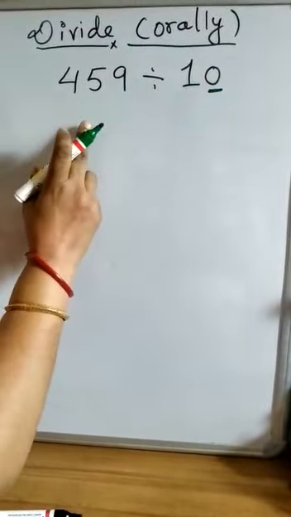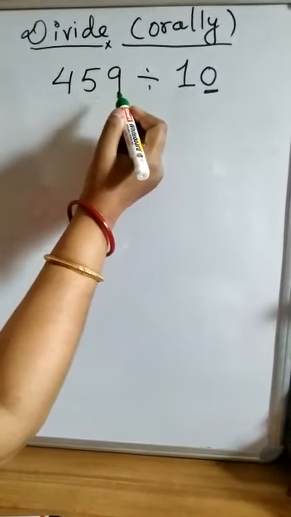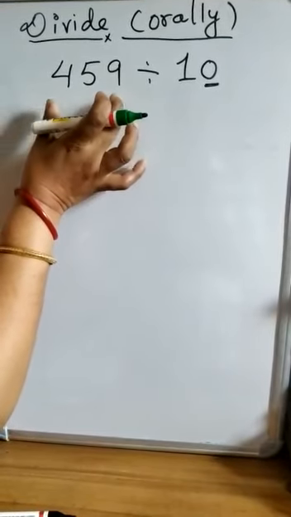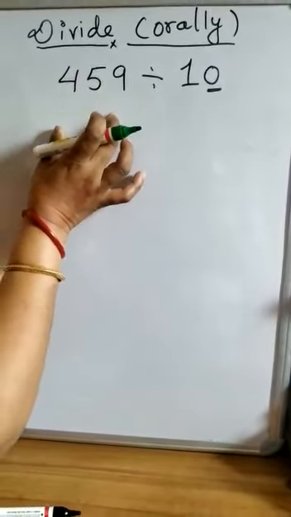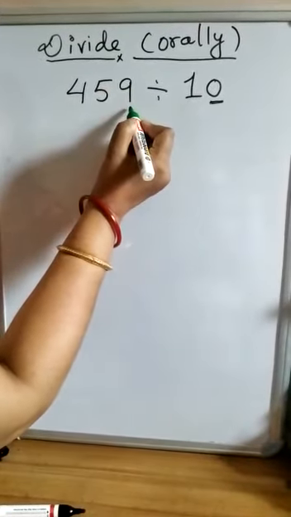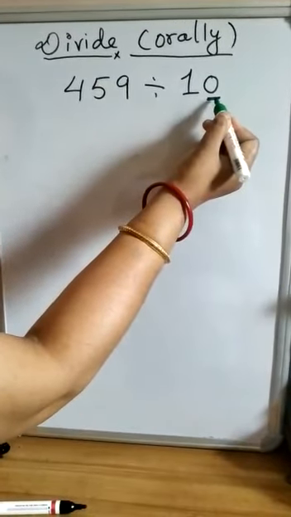So the quotient is obtained by removing the first digit from the right. This is the number 459. So you will obtain the quotient of this division by removing the first digit from the right, because how many zeros are there in 10? 1 zero.